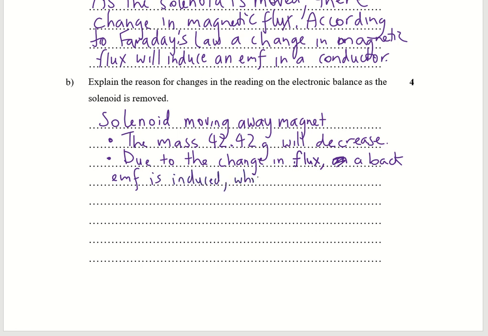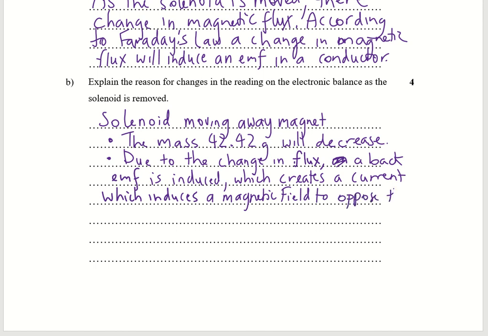which creates a current which induces a magnetic field to oppose the change, or the original change.